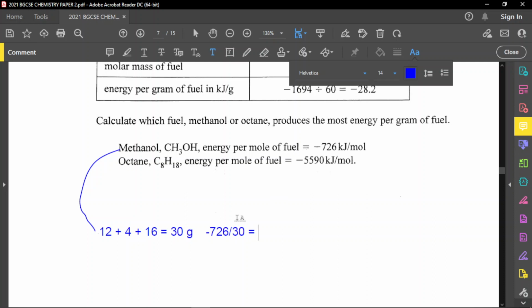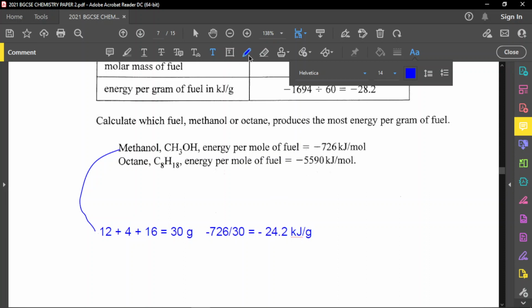And what we get as a result is negative 24.2, and this is going to be kJ per gram. All right, so that's the value there for methanol.